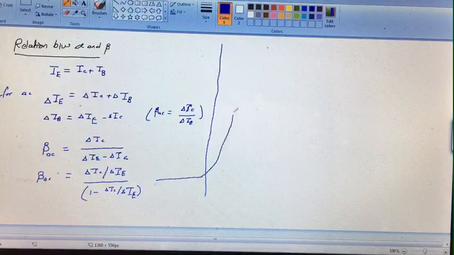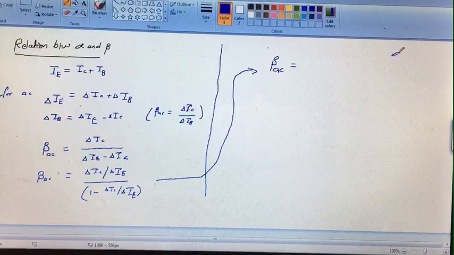From this calculation we can write beta AC is equal to the change in collector current to the change in emitter current, which is known as alpha. Alpha is equal to del IC upon del IE. So it will be written as alpha upon 1 minus alpha. This is the relation between beta and alpha, and as we are calculating beta AC, it is also alpha AC.